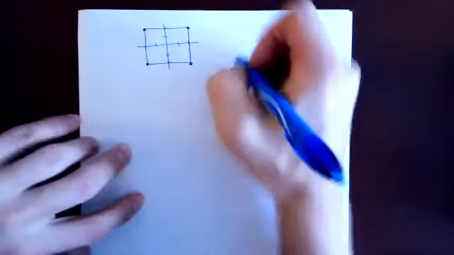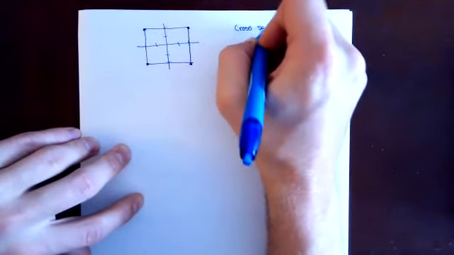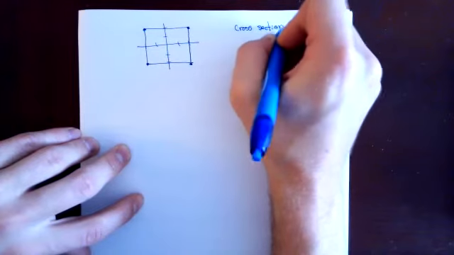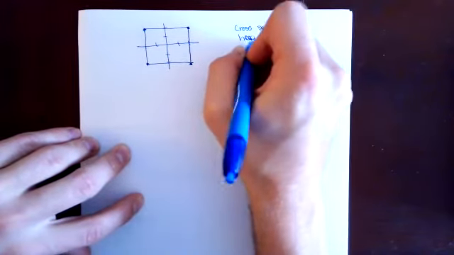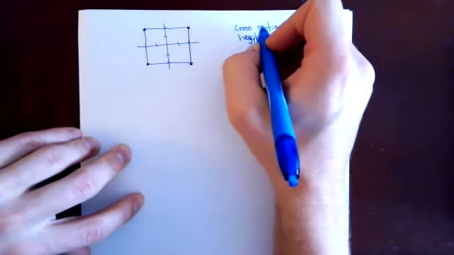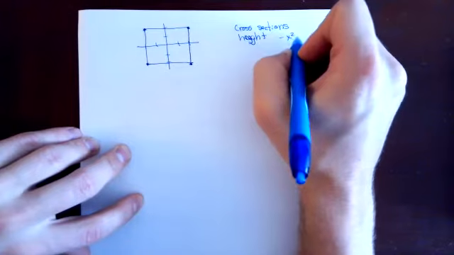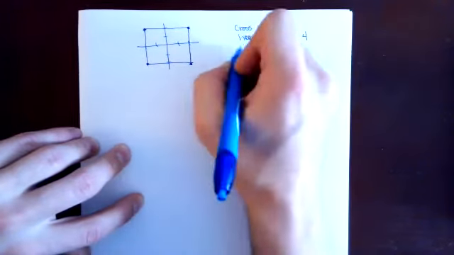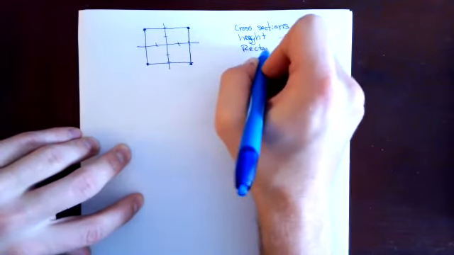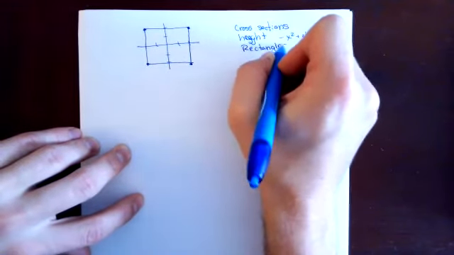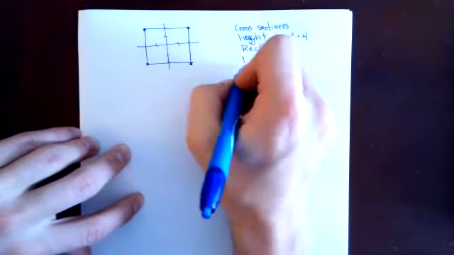And then cross sections, height minus x squared plus 4, and they are rectangles, perpendicular to the x-axis.